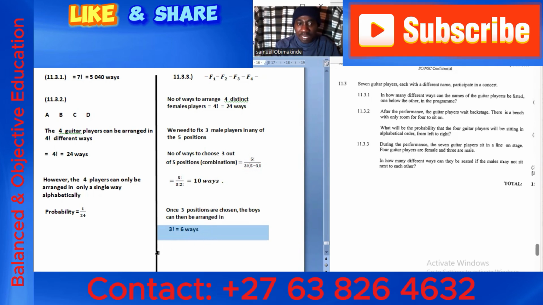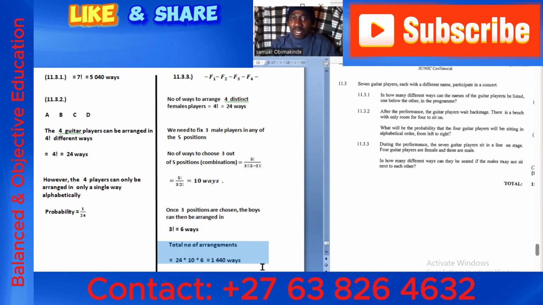Then it means the total number of possible ways you can arrange those 3 boys in such a way that they are not sitting next to each other will be 24 multiplied by 10, then multiplied by 6. And that will give us a value of 1,440 ways. And that brings us to the end of paper 1, Met of May-June 2024.